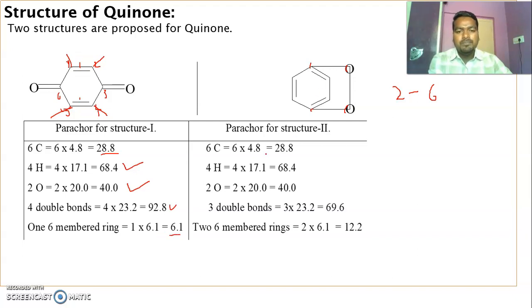And similarly here, there are 6 carbon atoms and 4 hydrogen atoms, and 2 oxygen atoms are the same. But here there are 3 double bonds, so its value is 69.6, and 2 six-membered rings. The value for the first structure is 236.1, but for this structure it is 219.0.